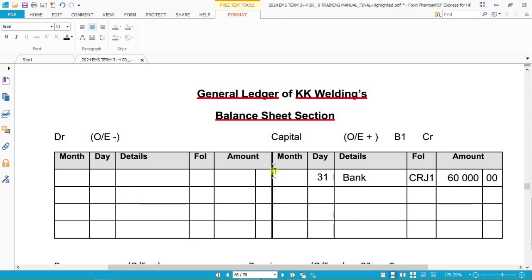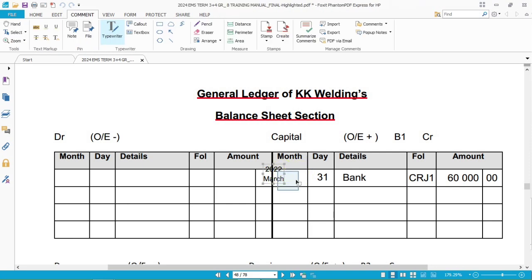My month is, I'm gonna start with the year 2022, and then I'm gonna write March. Alright, simple and straightforward. Let me just make it a bit smaller so that it can actually fit in there. And 3, 8, just chuck it in. Block. Right. Okay.